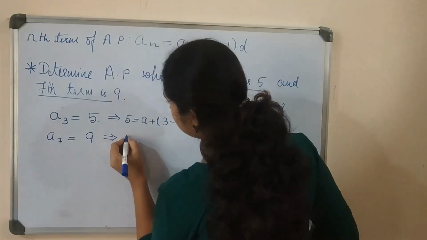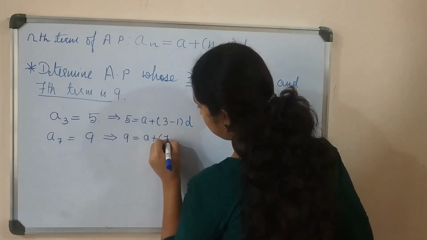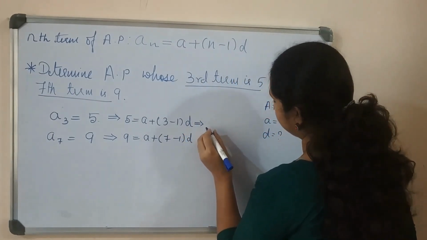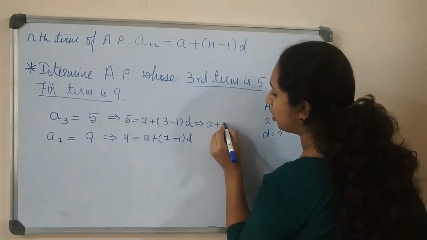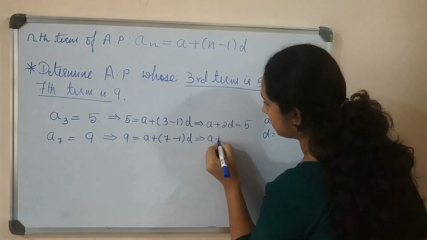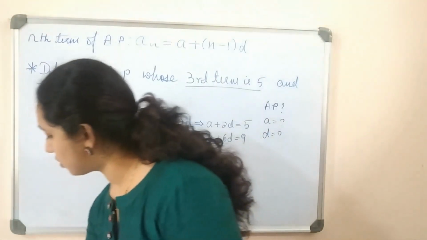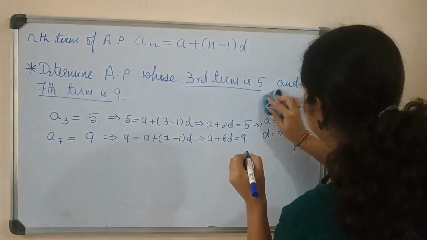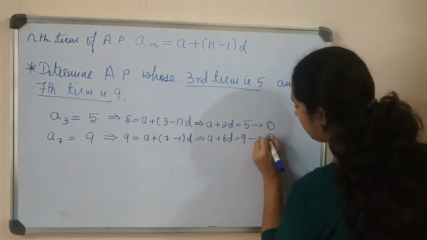In the second one, I'll get 9 is equal to A plus (7 minus 1) into D. Further, if I write, I'll get A plus 2D is equal to 5, and A plus 6D is equal to 9. These are the two equations I am getting. This is equation 1, this is equation 2.